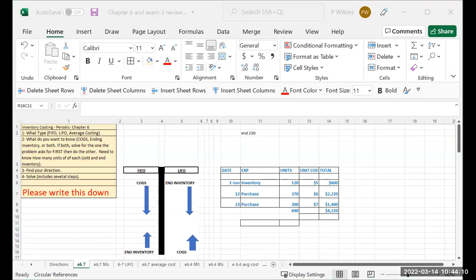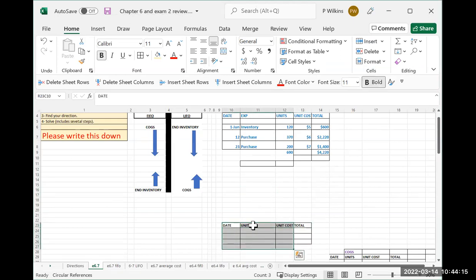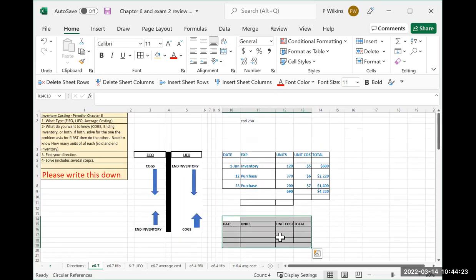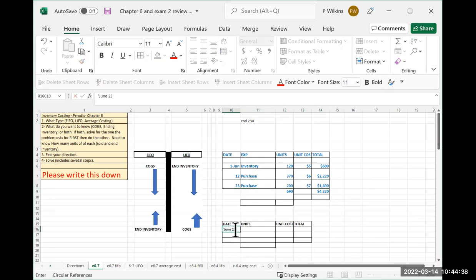Okay. So let's go down a little bit on the page here. We're going to go from the bottom up until we get to the cost of ending inventory. And this is what they call the proof. So bottom up until we get to the cost of ending inventory. We're trying to get to 230 units. So we're going to take 200 units at $7 each from June 23rd, for a total of $1,400.